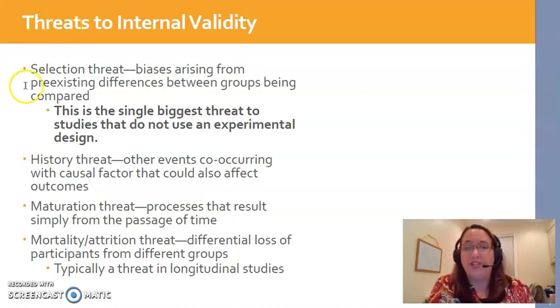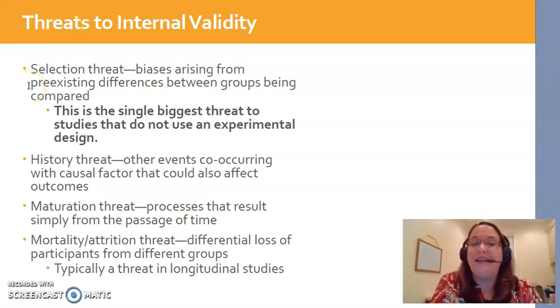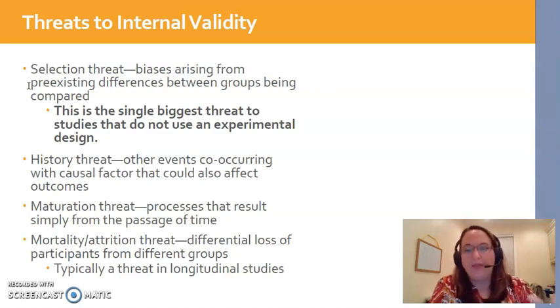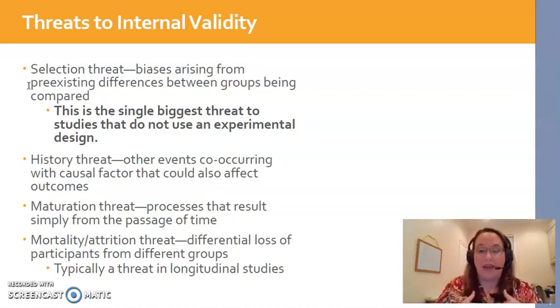First of all, with selection threat, that means that I did not use random sampling or random assignment. If I don't use random sampling, then that means that I've handpicked, in a way, the people who were going to be in my study. So I have either used convenience sampling or consecutive sampling, some form where I have not taken it out of my own hands.